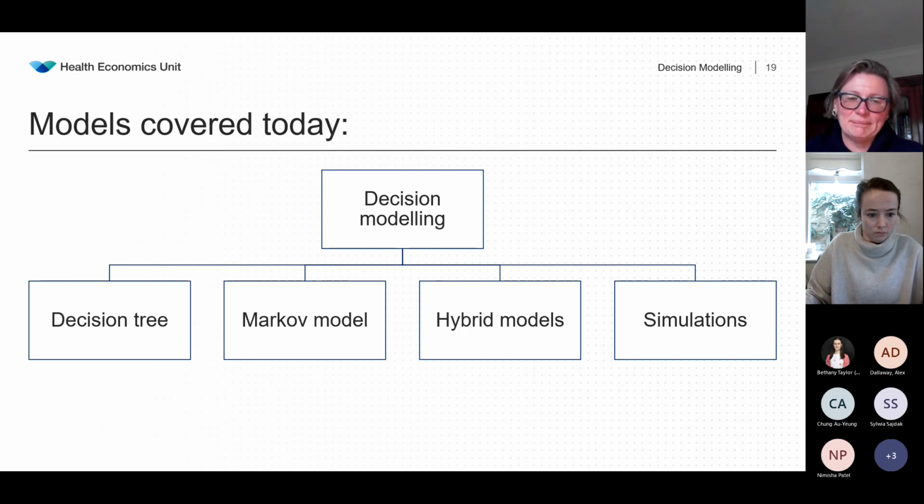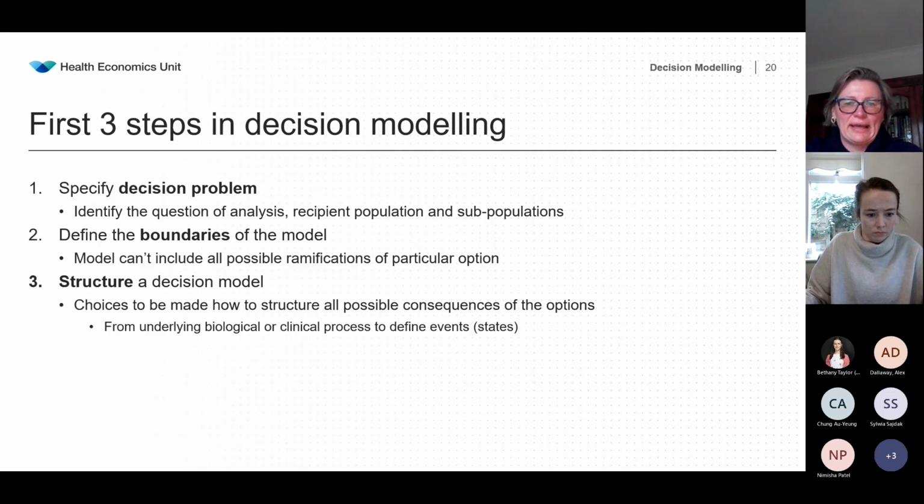And again, the last two, we'll just very briefly touch upon those. So before I hand over to Heather, I'll just start by outlining the main 3 steps in decision modeling. So one is specifying the problem that identifies the population and analysis.